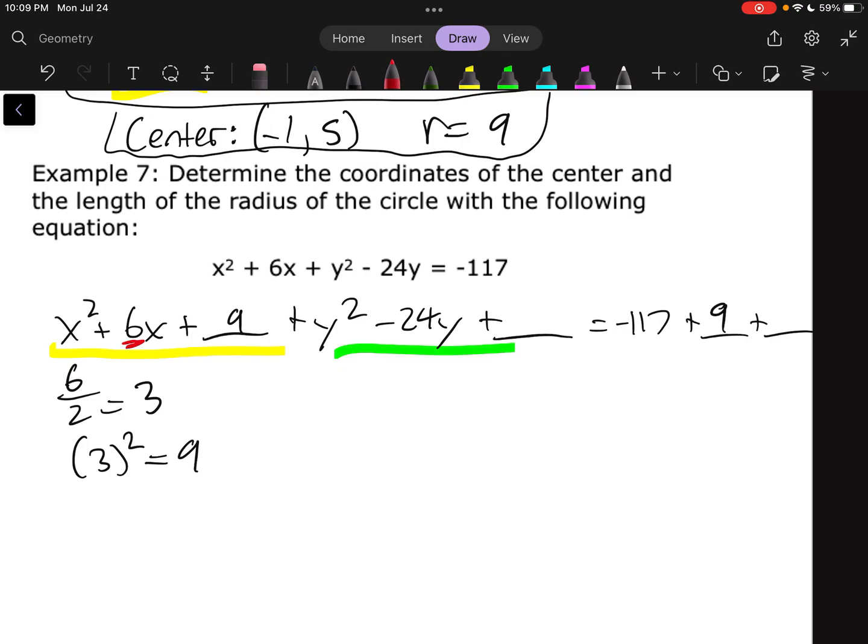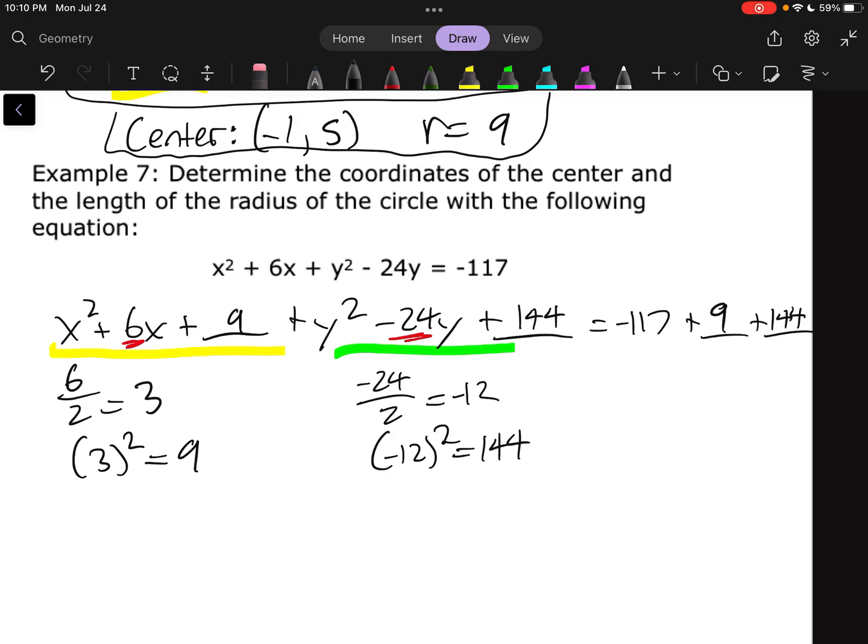Now let's do this part. We take the coefficient, divide it by 2, square the -12 to get 144. Okay.